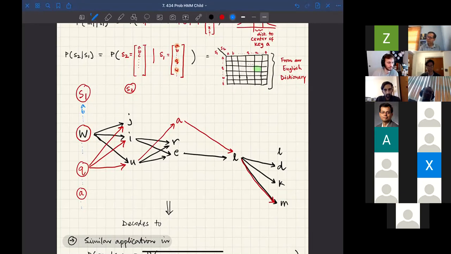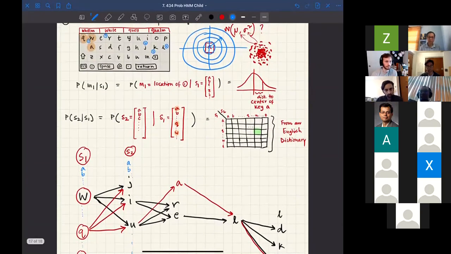So maybe say you're typing Q, U, E, and then on S3, for A, you have a really low probability. Correct. But then you go to L, and then to M. I'm not going to change this probability after I go to M. Okay. So my Q probability is pretty high from S1, from the first measurement, M1. Right, my Q probability is pretty good.